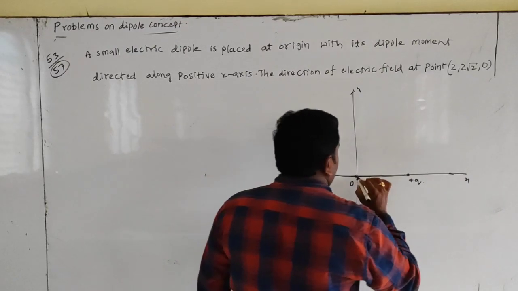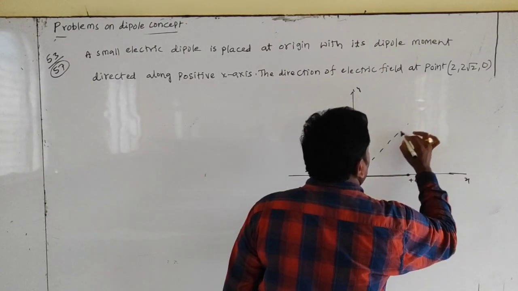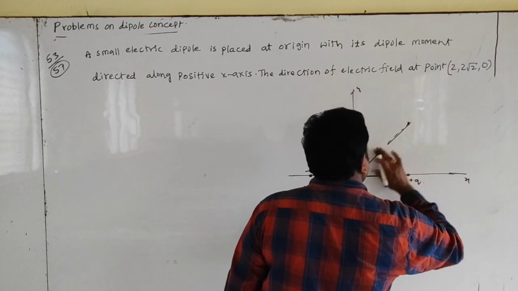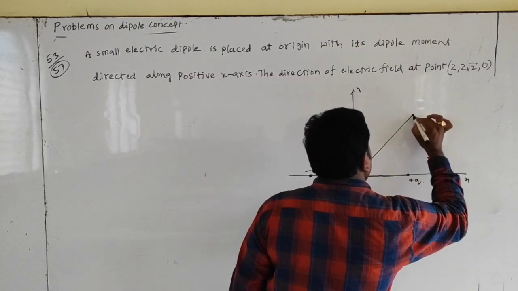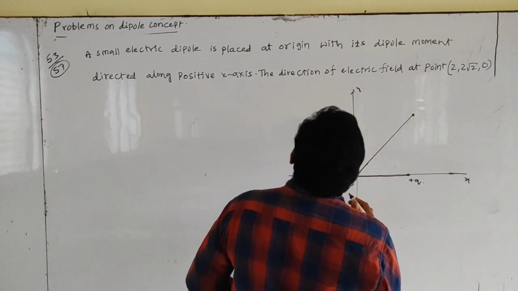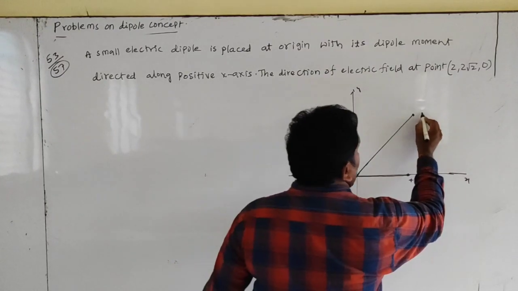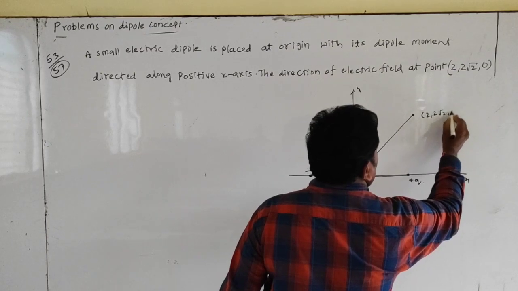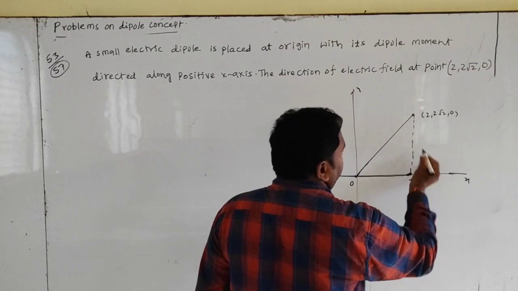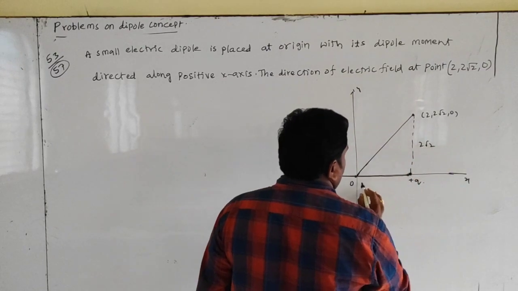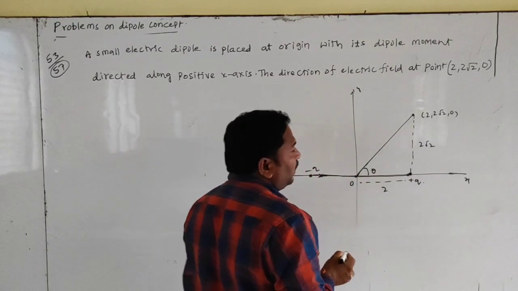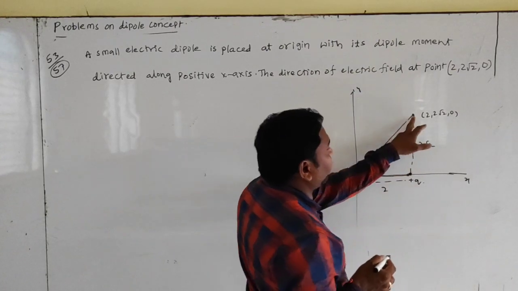So we are going to find the field at this point, 2 comma root 2 comma 0, which means 2 root 2 along the y direction and 2 along the x direction. Let's say the angle is theta. We are going to find the intensity of electric field at this point.